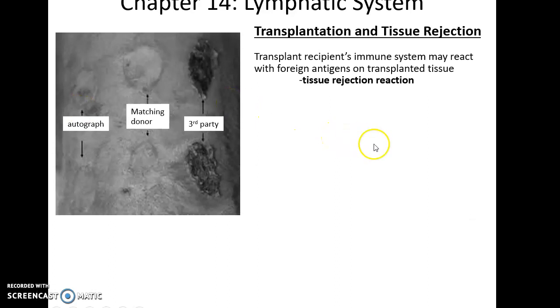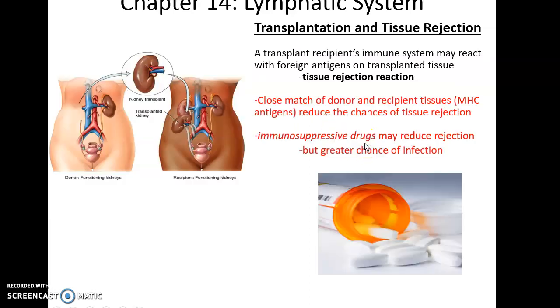Transplantation and tissue rejection. Well, if you don't have a good match between the donor and the recipient, then you end up having a tissue rejection reaction where your own immune system destroys the transplanted tissue or organ. So you need a close match between the donor and recipient, specifically the MHC antigens.